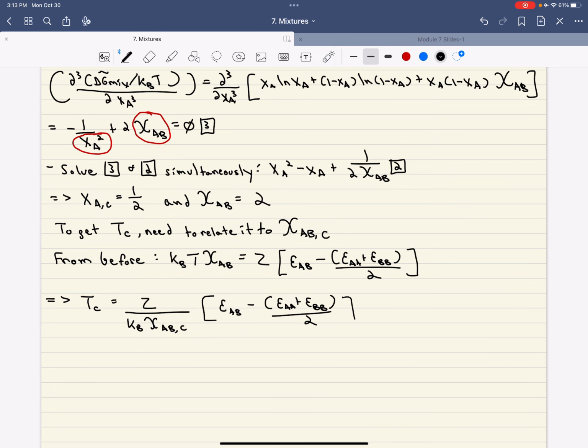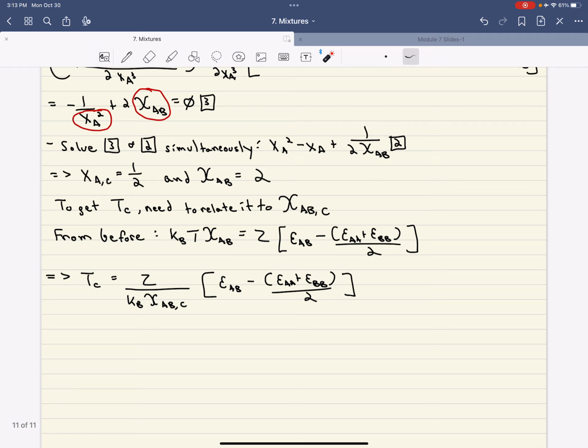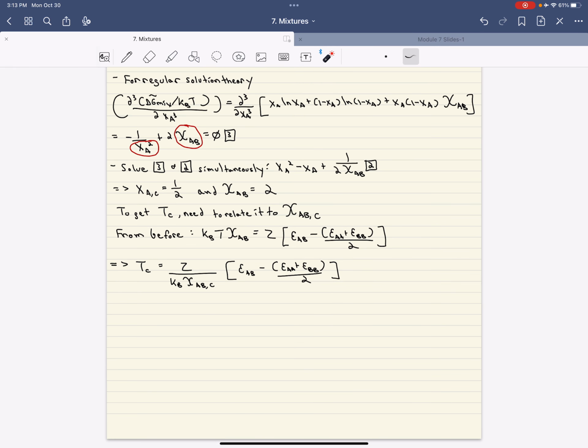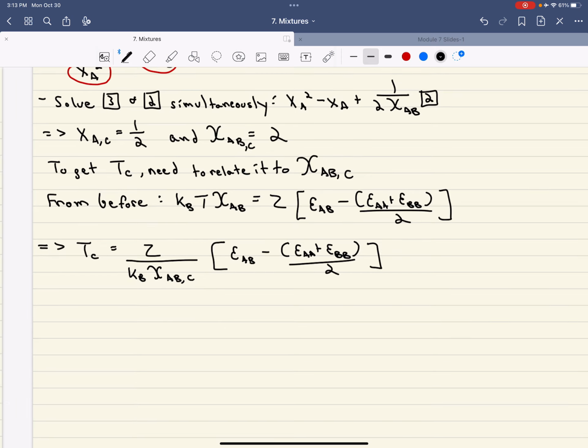Here we could plug in our chi AB value, or put a subscript c here.